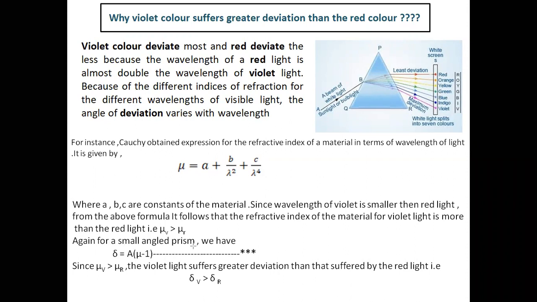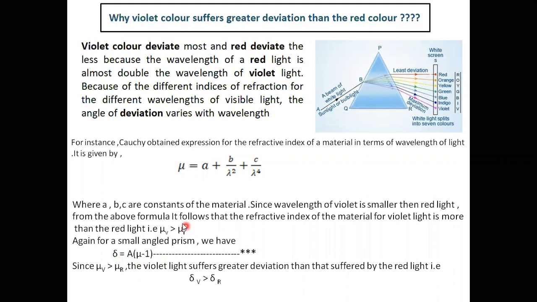For a small angle prism, we have this relation: delta equals A times (mu minus 1). Using this relation, we can clearly see that the angle of deviation is directly proportional to the refractive index value.